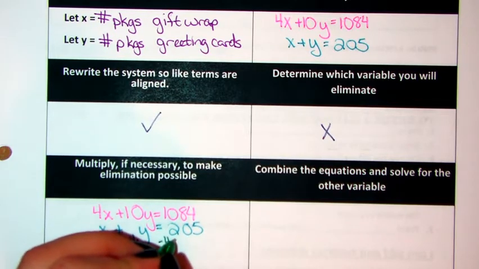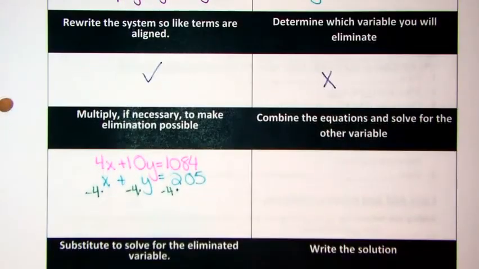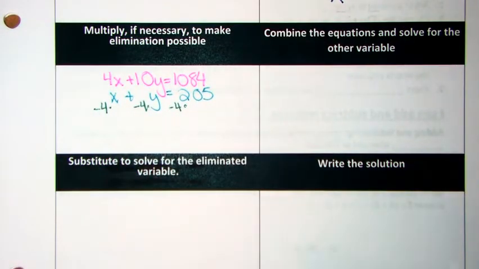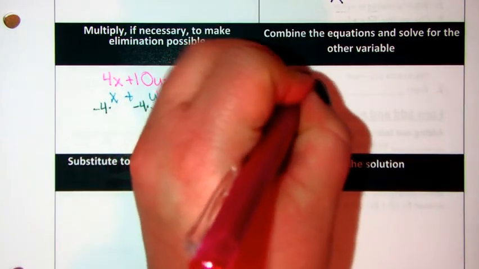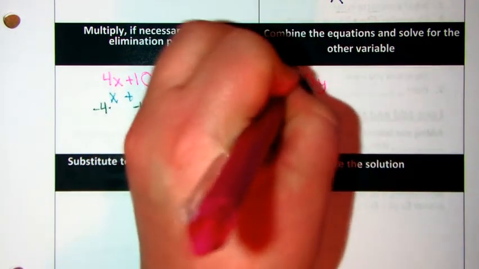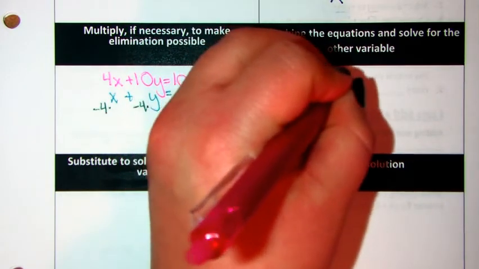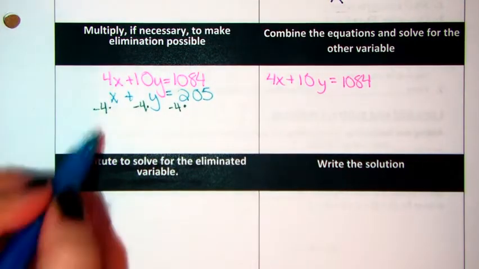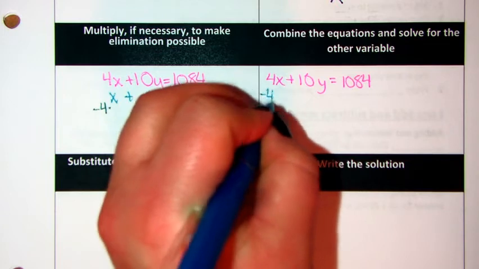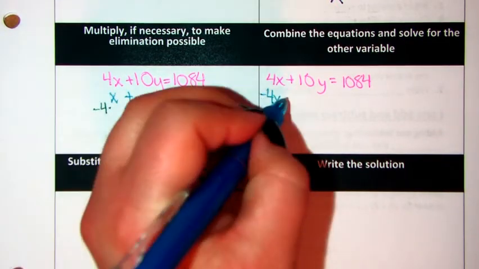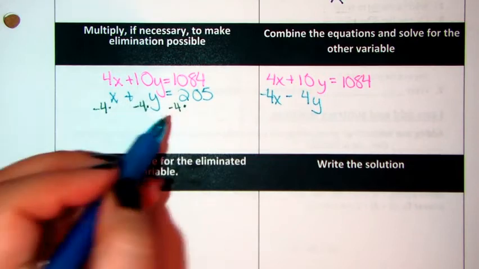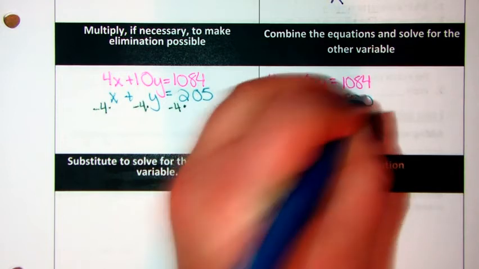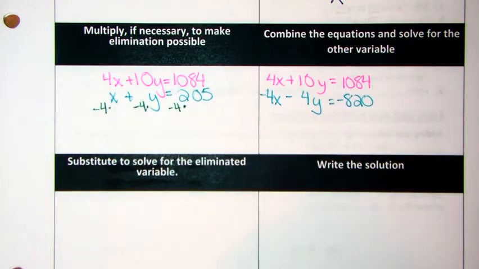Be sure that you are multiplying each of the individual pieces, so a total of 3 times we're multiplying by -4. Once we do that, of course, our pink equation is going to stay the same, but our blue equation will become -4x, -4y, and -4 times 205 equals -820.